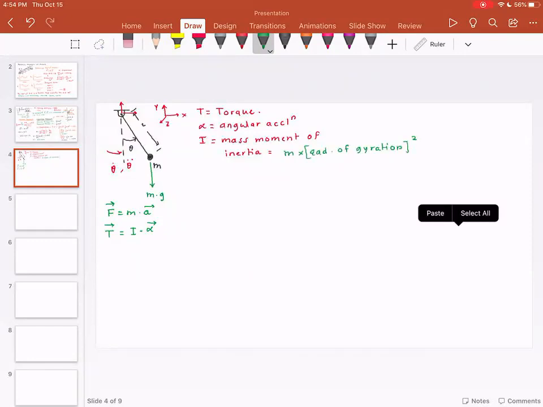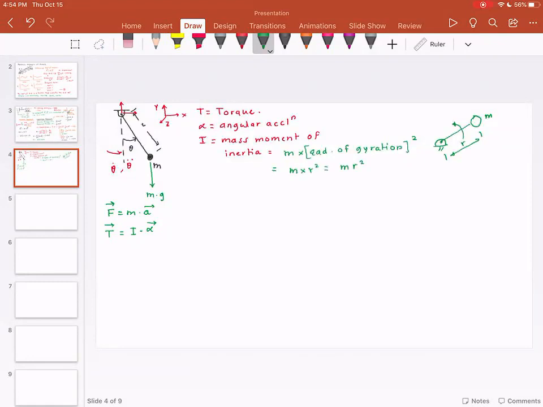So radius of gyration is nothing but the distance between the CG of the mass and the point about which the mass is gyrating. Just to give you an idea, if you have a mass m rotating about this point, and this length is r, then the radius of gyration squared multiplied by mass becomes m r square.